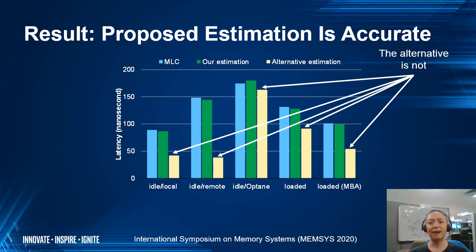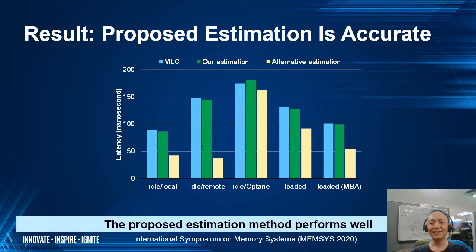At this level, it counts all the requests from different applications, not just those of the target application. Second, it may miss some important latency, for example, the time spent in traversing the interconnect in remote memory access. In summary, the proposed estimation performs well and much better than the alternative in those scenarios.